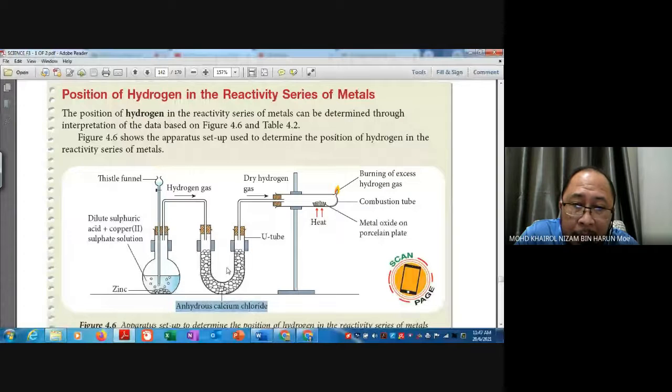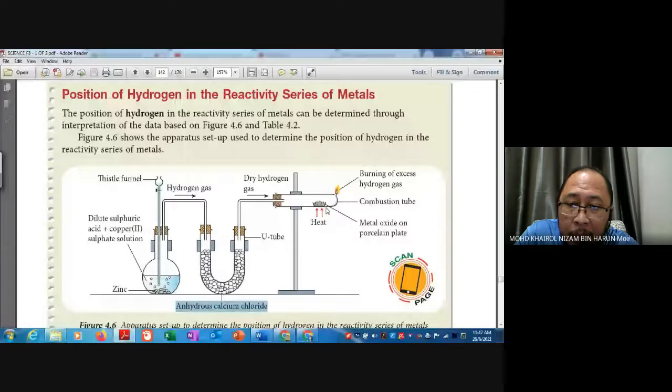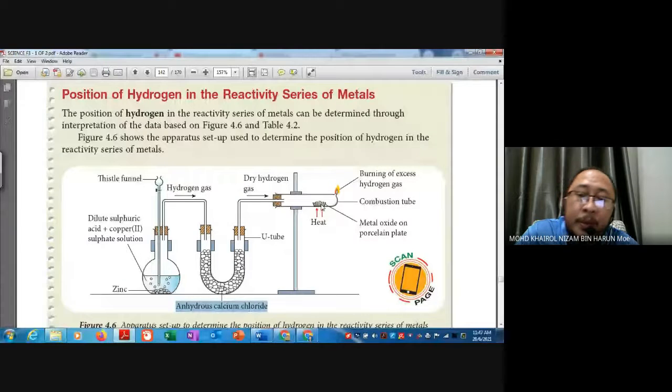It is then connected with a delivery tube to the combustion tube. Inside the combustion tube, the most important thing is the metal oxide. So we put metal oxide in the combustion tube.